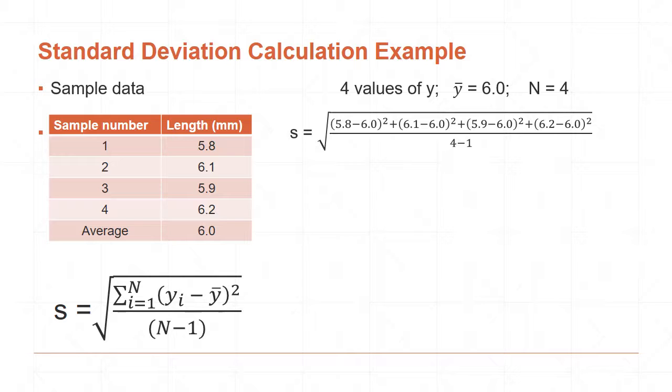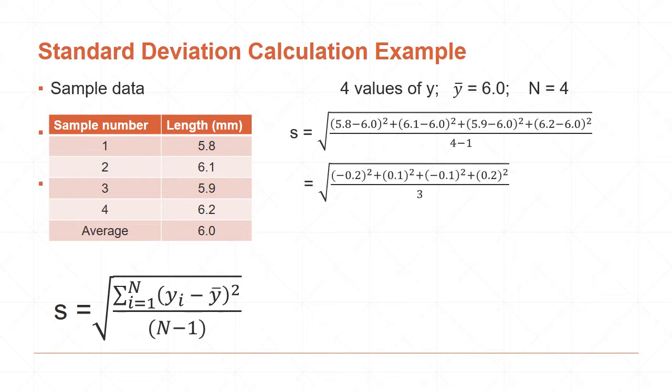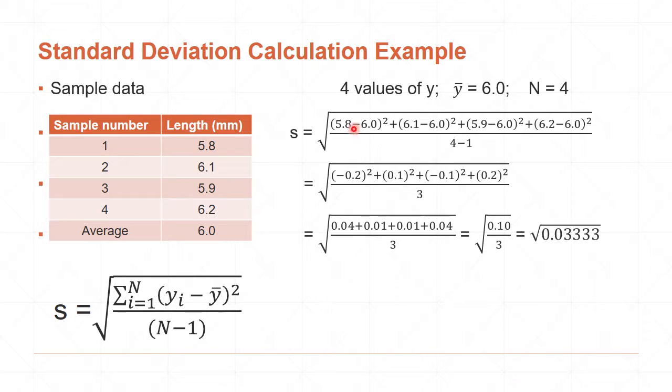Let's first evaluate what's inside the parentheses for all four of these calculations. So 5.8 minus 6.0 is minus 0.2. 6.1 minus 6 is plus 0.1. 5.9 minus 6 is minus 0.1. 6.2 minus 6 is plus 0.2.